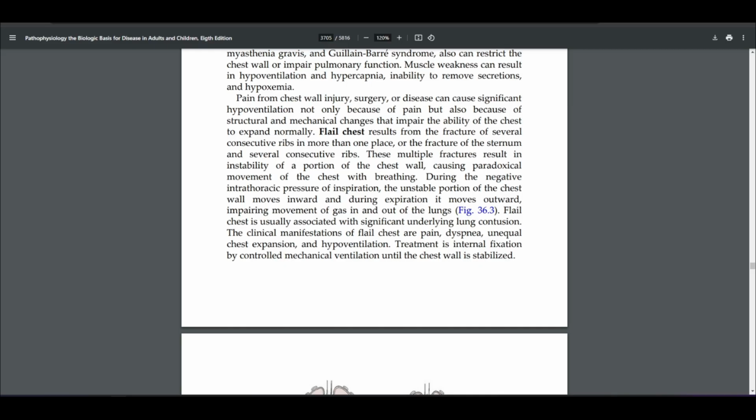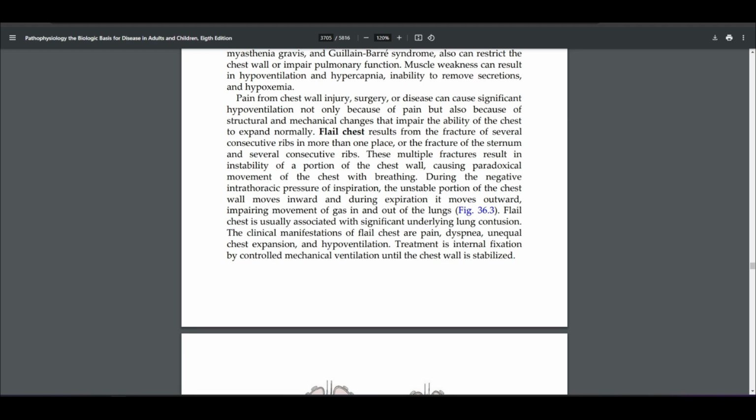Flail chest results from the fracture of several consecutive ribs in more than one place, or the fracture of the sternum and several consecutive ribs. These multiple fractures result in instability of a portion of the chest wall, causing paradoxical movement of the chest with breathing. During the negative intrathoracic pressure of inspiration, the unstable portion of the chest wall moves inward, and during expiration, it moves outward, impairing movement of gas in and out of the lungs.